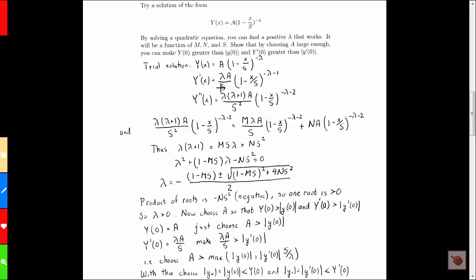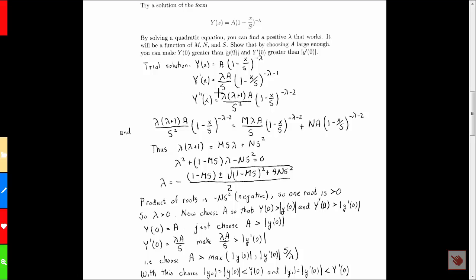And when we differentiate once more, we get a formula for Y double prime that involves (1 minus x over s) to the minus lambda minus 2 power. And now you can see when we combine these terms, we're going to be able to factor out a (1 minus x over s) to the minus lambda minus 2.